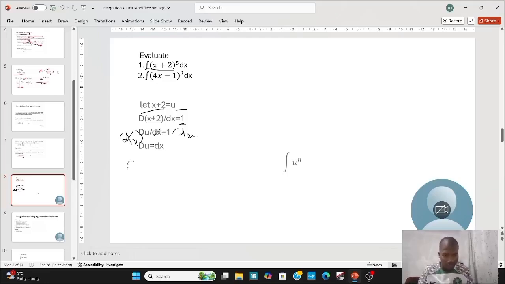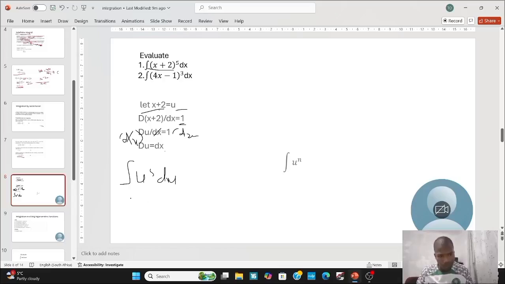So now we are aware that our new equation is the integral of u to the power of 5 dx, sorry, is equal to the integral of u to the power of 5 du, right?